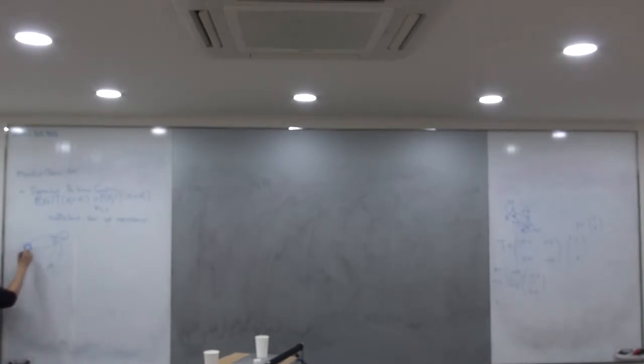Let's say your probabilities here are 0.7, 0.2, 0.1. That's the current state. Then, if you take a one-step transition from here to here, this one is x1, x2, x3.